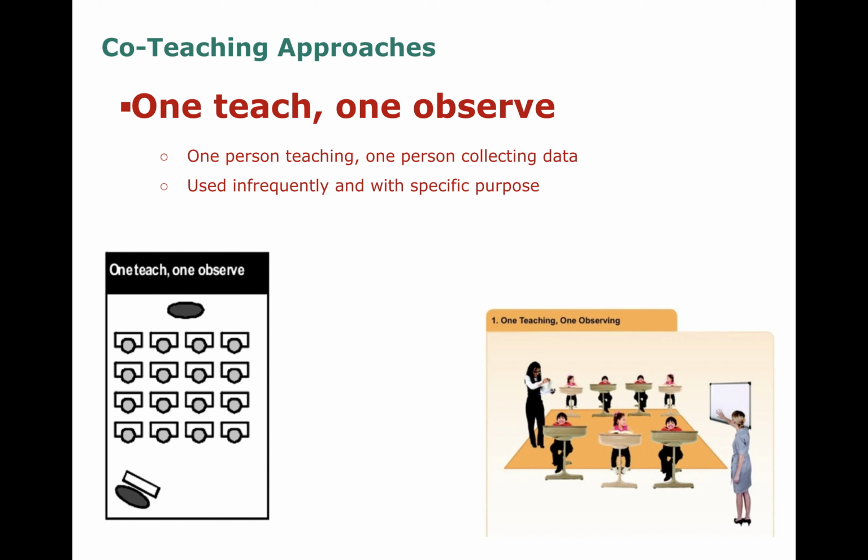So in one teach, one observe, you have one person who is teaching and then one person who is collecting data. And this is not used quite as frequently. It's often for a specific person, for a specific purpose.